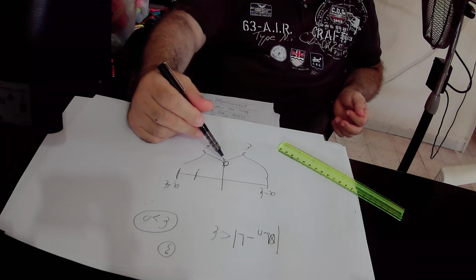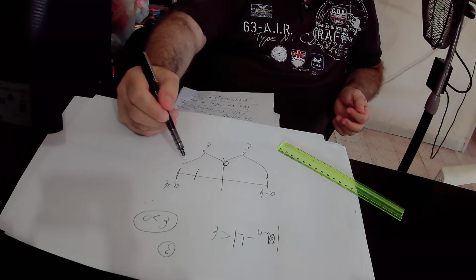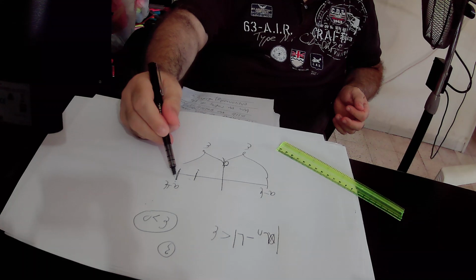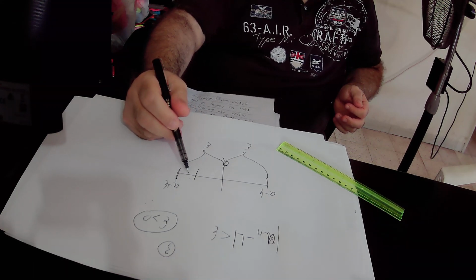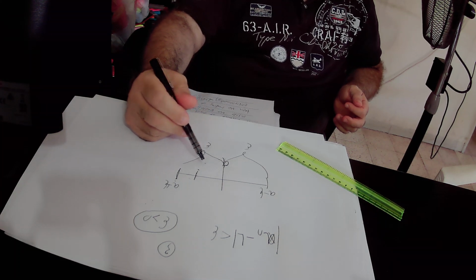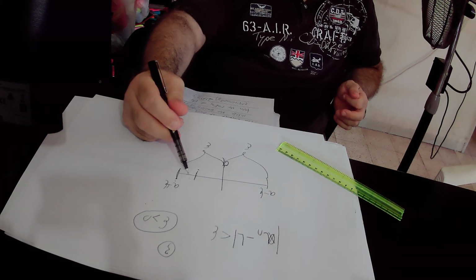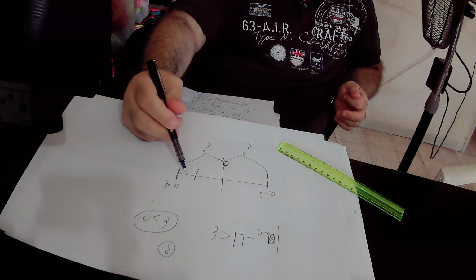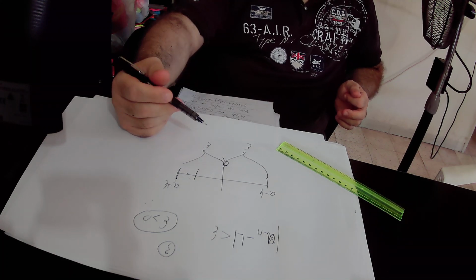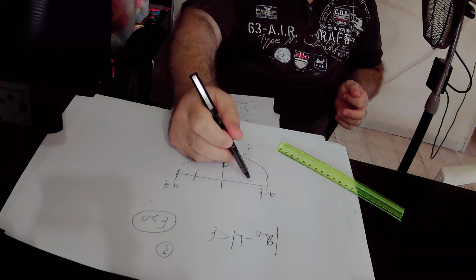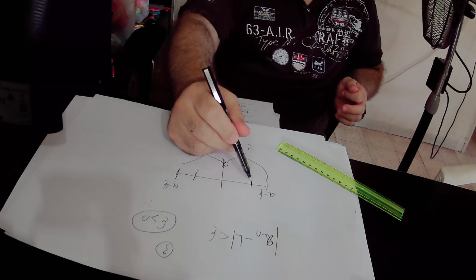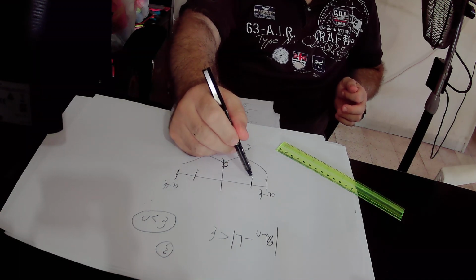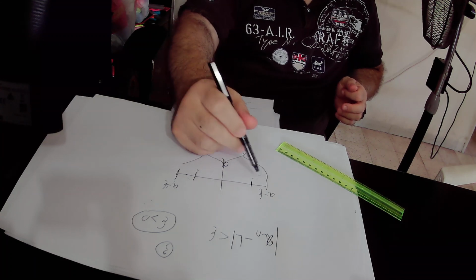Because here A plus epsilon is this point, so any member that is inside these brackets will be located less than epsilon units from A. And here again, if this is a member of the sequence, then the distance between this member and A is less than epsilon. Why?